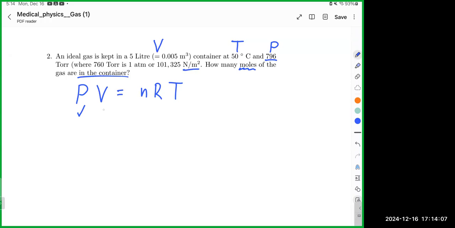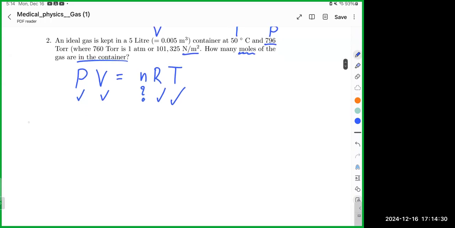You have the volume right here. You don't know the number of molecules. You know the R. You know temperature because they already gave it. But you have to know how to convert the units into units that you can comprehend. In this case, N equals PV divided by RT.